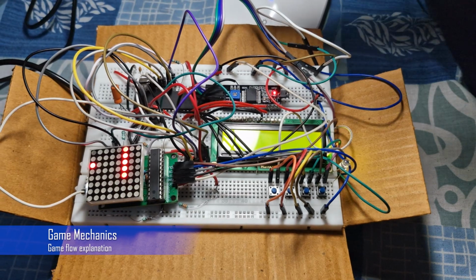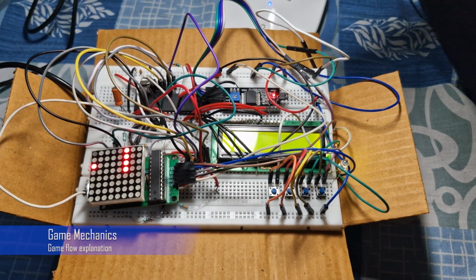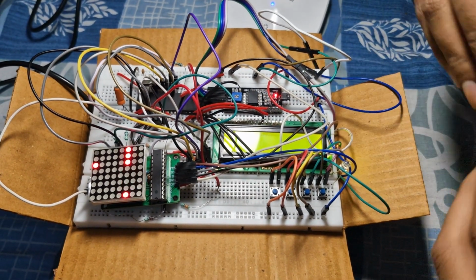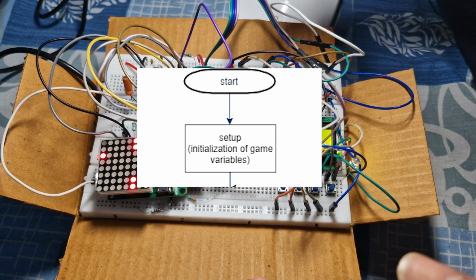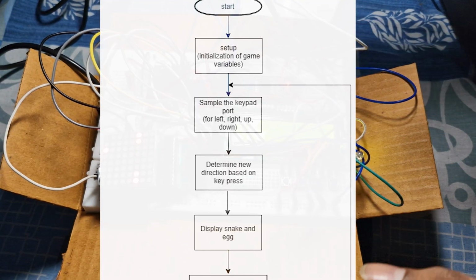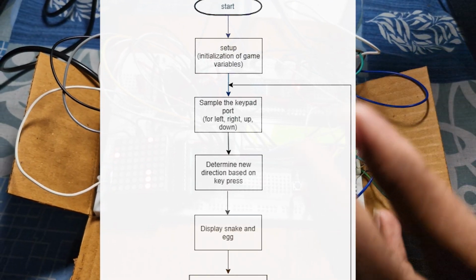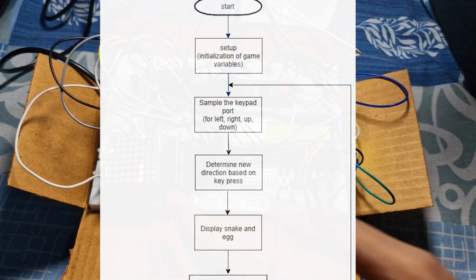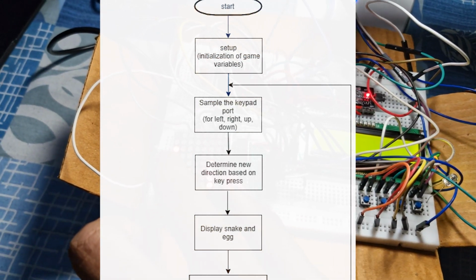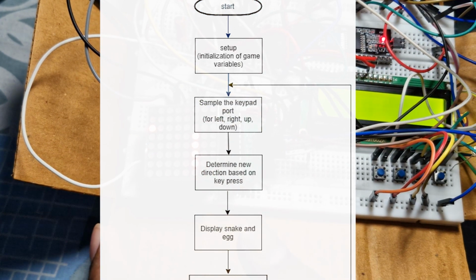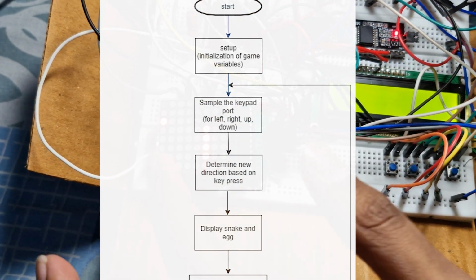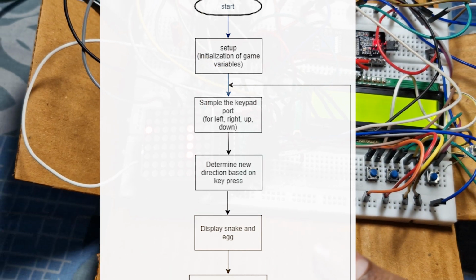Now I'm going to explain the game mechanics of our project. Initially we start the game by initializing the game variables, and next we look for inputs from the buttons. If a button is pressed, we determine which direction's button was pressed, and then we display the snake and the egg on the dot matrix display.